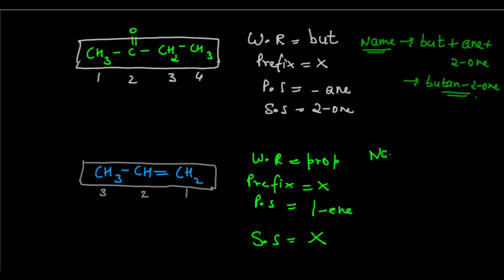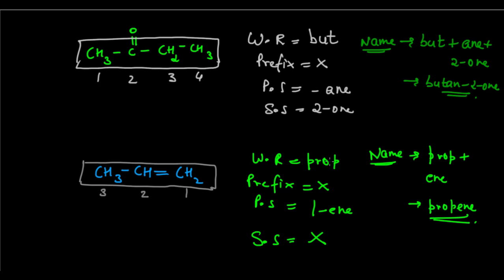So the name of this compound is prop plus 1-ene, or you can simply write it directly as propene. Same can be done with propyne or any other triple bond or double bond compound. So I hope everything in IUPAC nomenclature is clear.